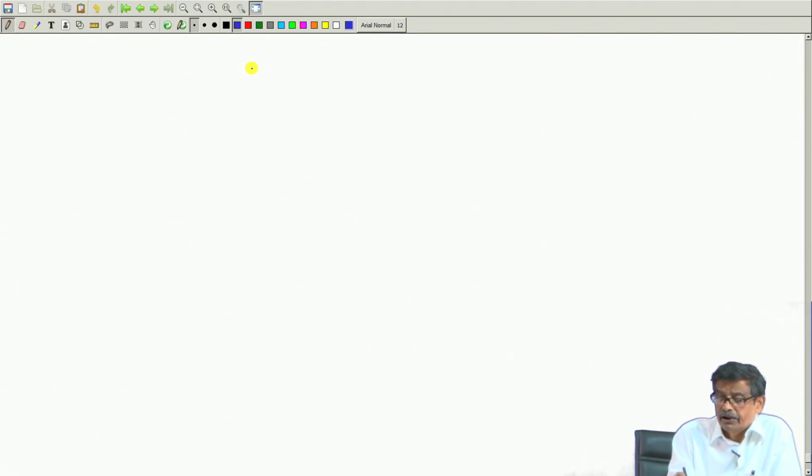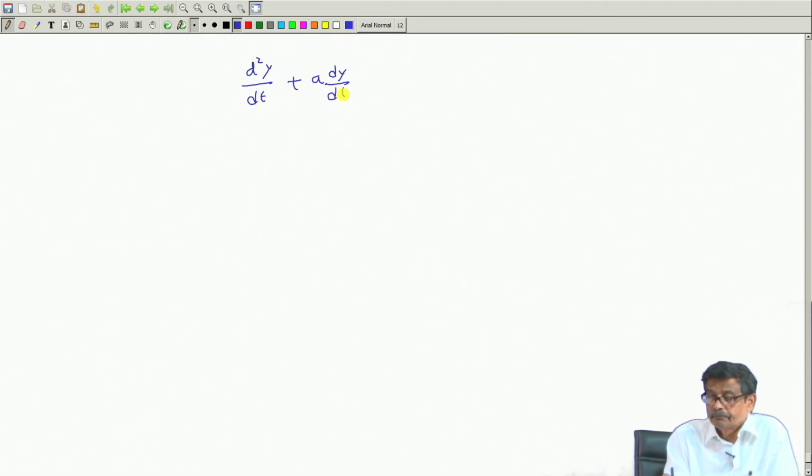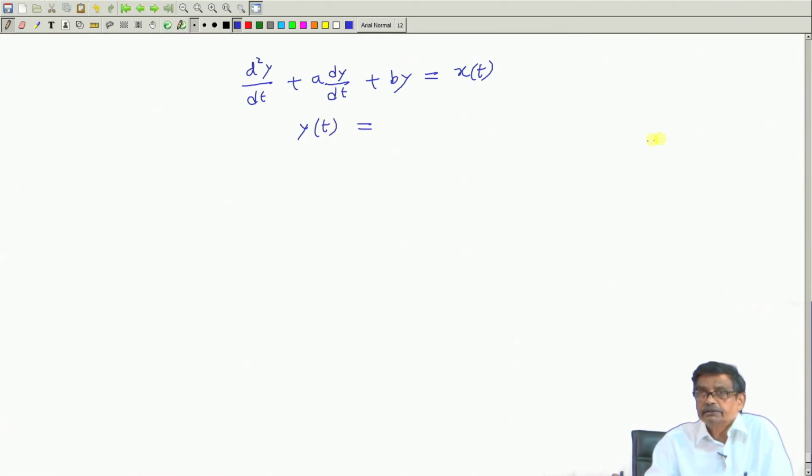That is, suppose a higher order differential equation is like this, plus a dy/dt plus b y, a second order differential equation excited by an input. By inspection, looking at this differential equation, can I write the nature of y(t) in the same way as I have done in the case of a first order system? So, in the next class I will be doing that. Thank you.